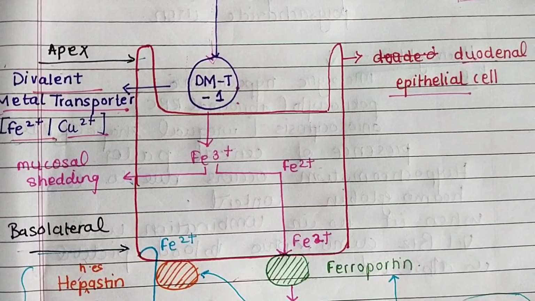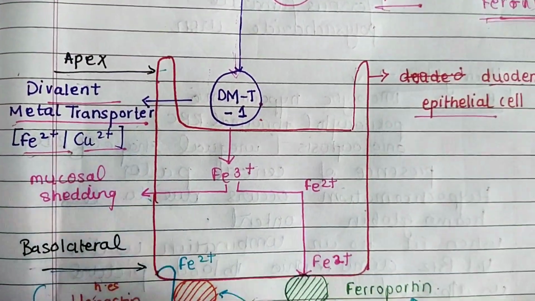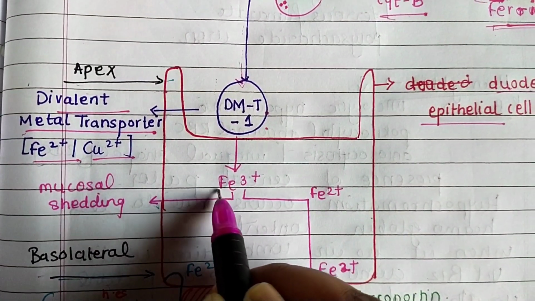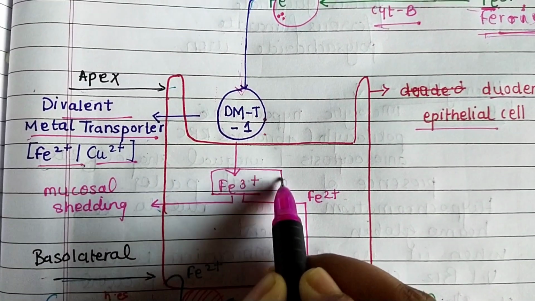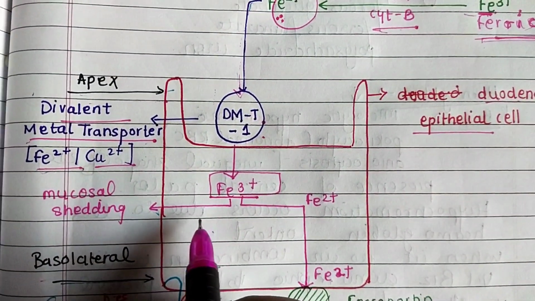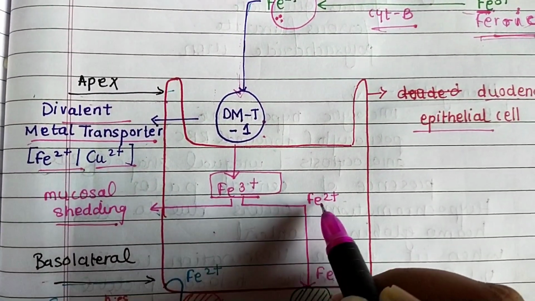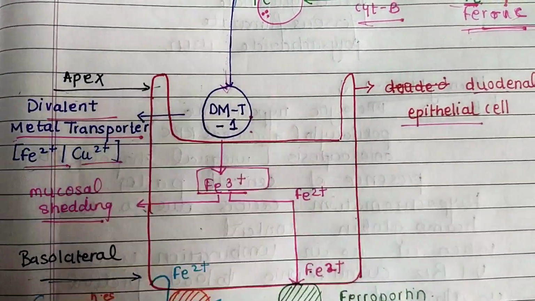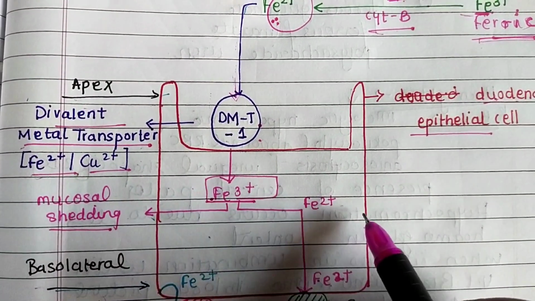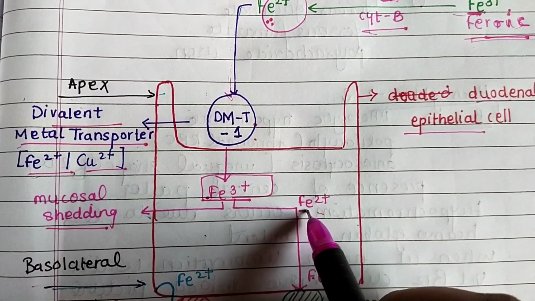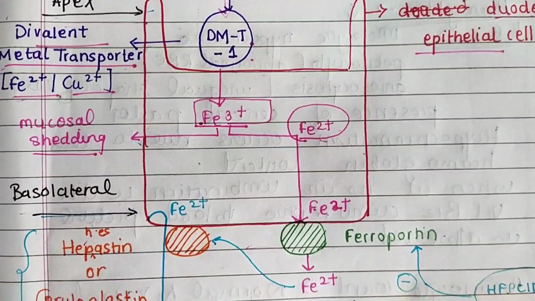Now what happens in this duodenal epithelial cell? This ferric iron either undergoes mucosal shedding, or the other part is converted into its ferrous state. So again the ferric iron is converted into its ferrous state and it travels to the basolateral part.